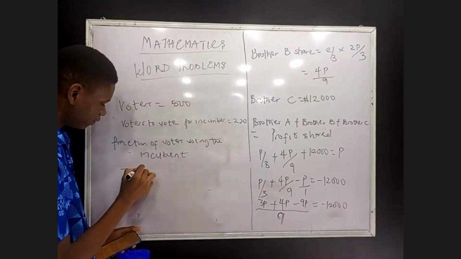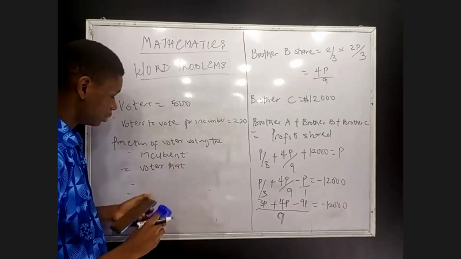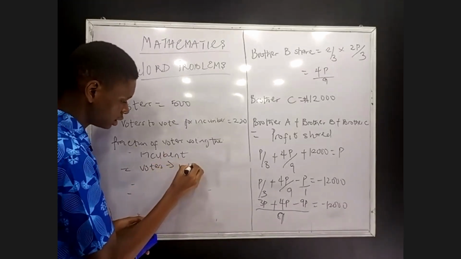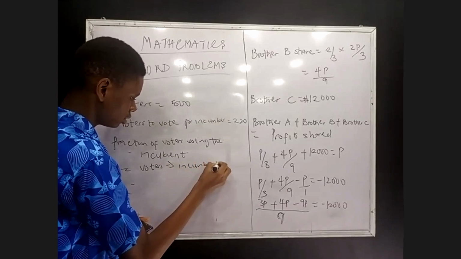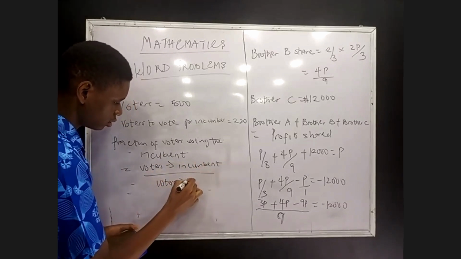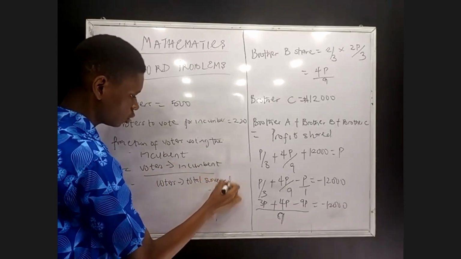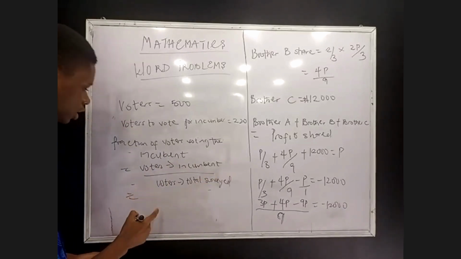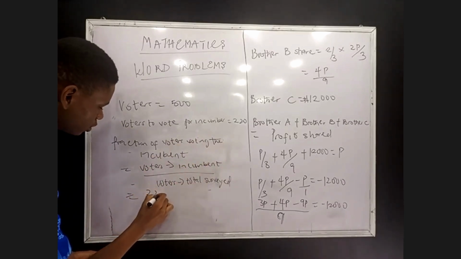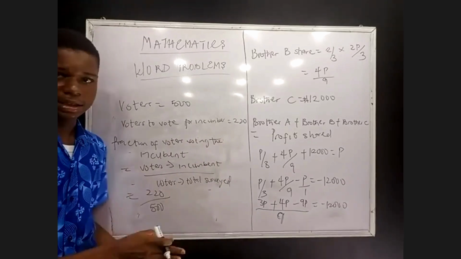So, to make everything short, voters incumbents divided by voters. The total voters that were surveyed were 500, while the voters that agreed to vote for the incumbent were 220. So I have 220 divided by 500. This is the fraction of voters that are voting for the incumbent.